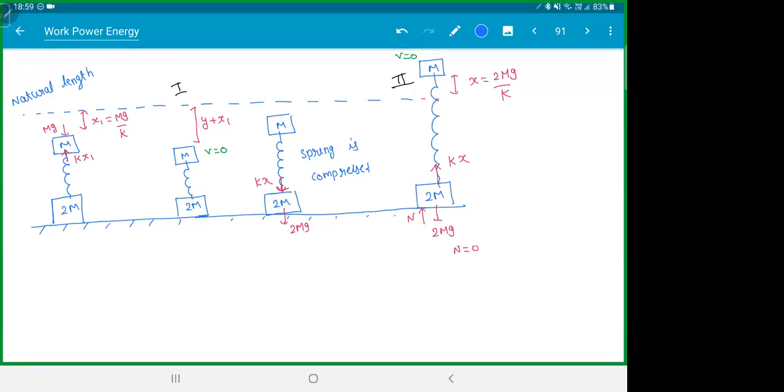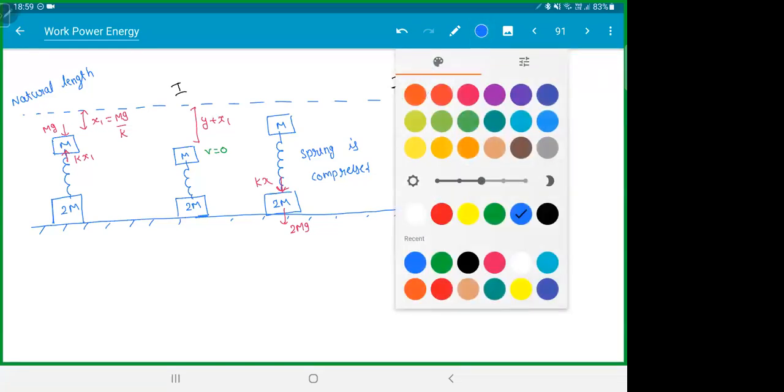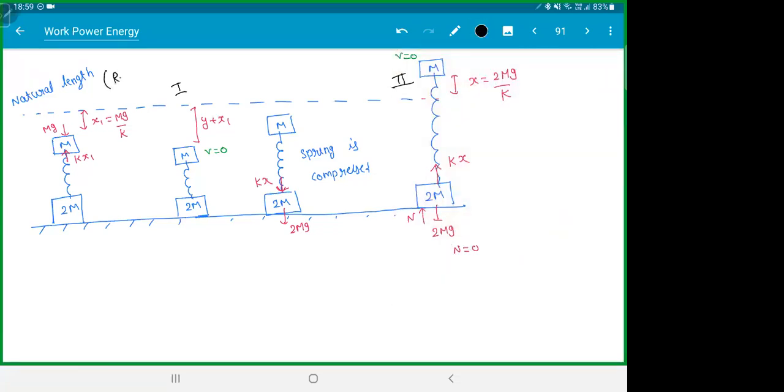So how do we do this thing? State 1 to state 2, I will choose my natural length as reference. You can choose anyone as reference. Solving is a little bad. I don't think the answer is mg by k, but let's see. Energy in state 1, I'll write down here. Potential energy: minus mg (y plus x1).